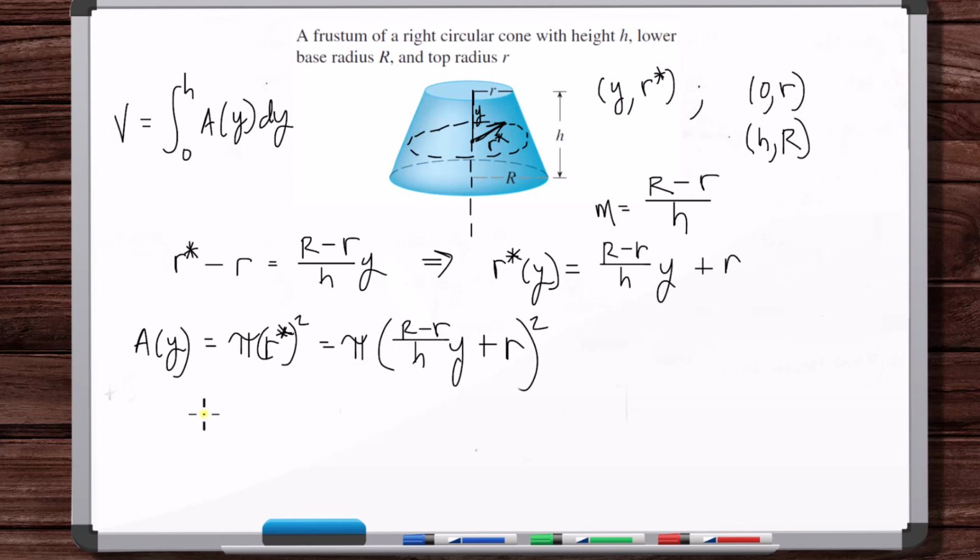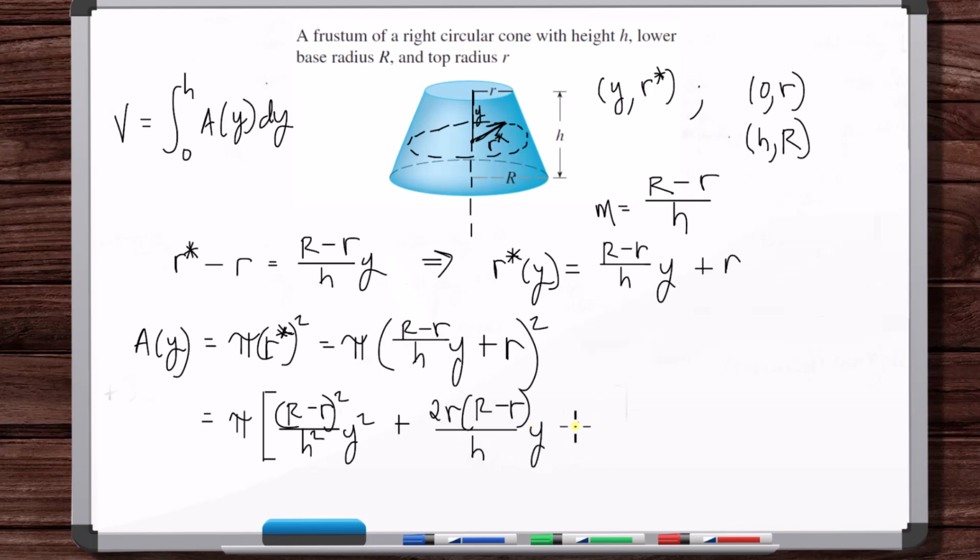Okay, so now let's simplify this. If we expand this here, we've got this squared plus r times this plus r times this, so 2r times this, and then plus this squared. So there you go. There's A of y.